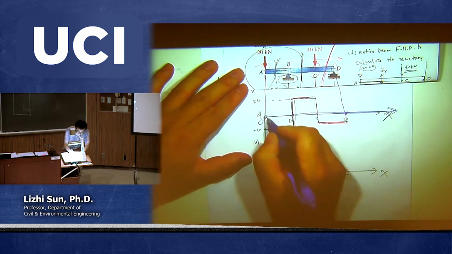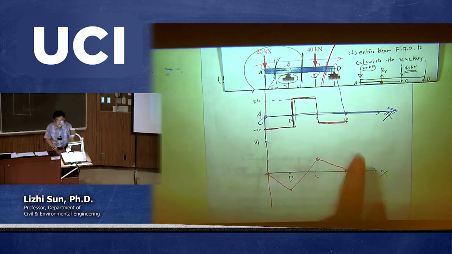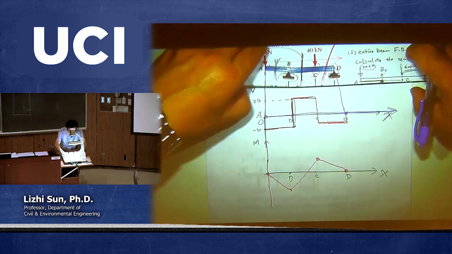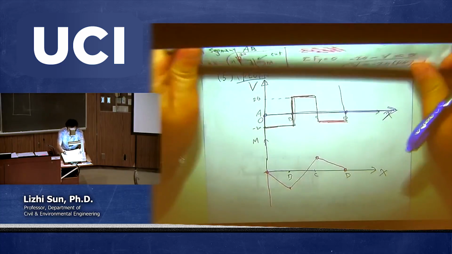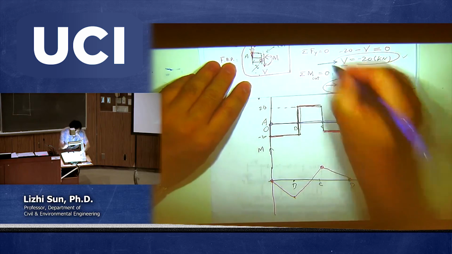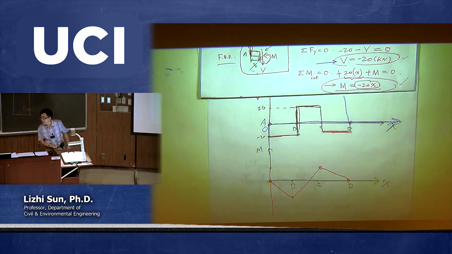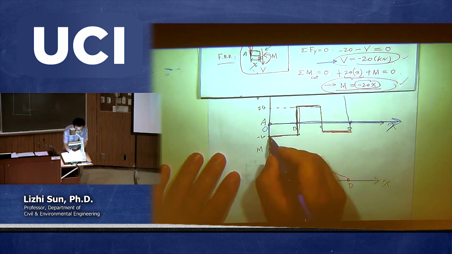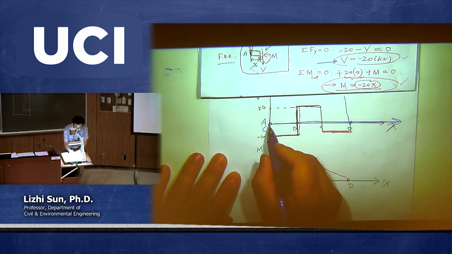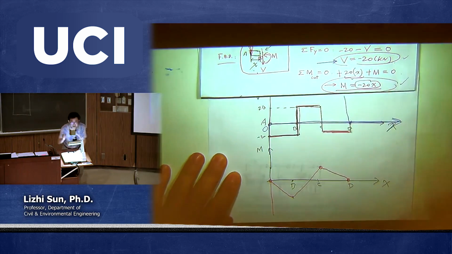Now, from A to B, there's a first segment. What is the shear force we calculated? Well, you need to go back to look at what you did. This is the shear force I calculated, which is -20. If it's -20, then you need to create a point which is called the -20. And anywhere between A and B, this shear is a constant.